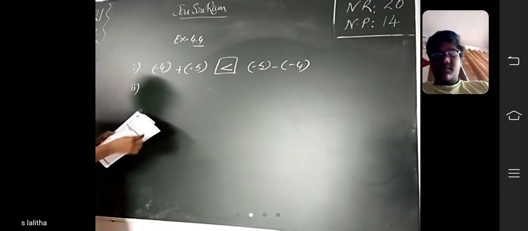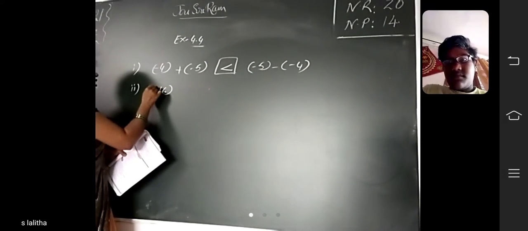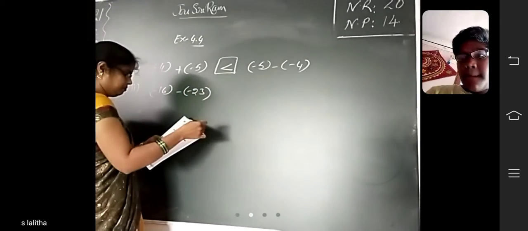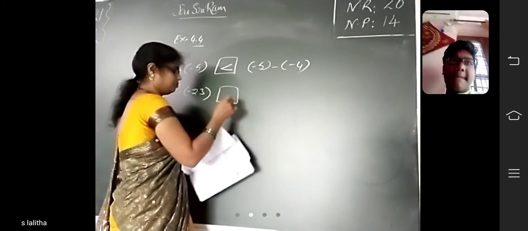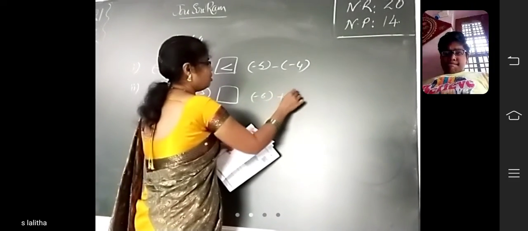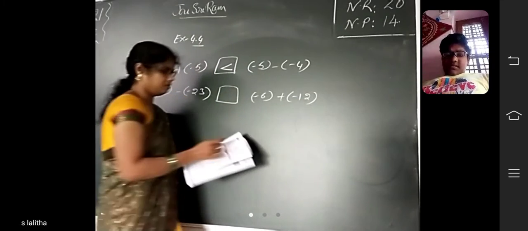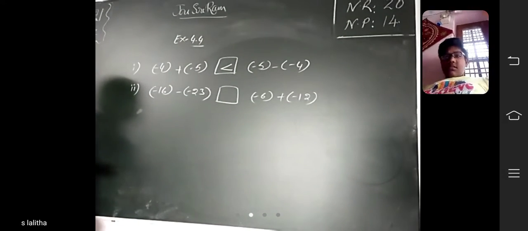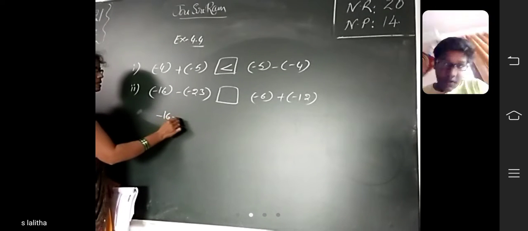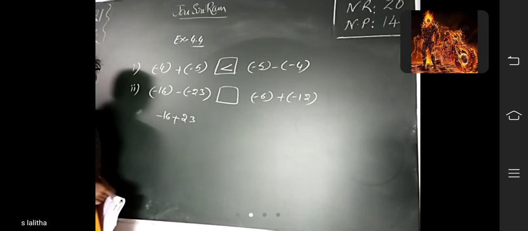Now second one. -16 minus of -23, and -6 plus of -12. Now do this one. -16, remove the brackets. Minus of minus plus 23. Okay.